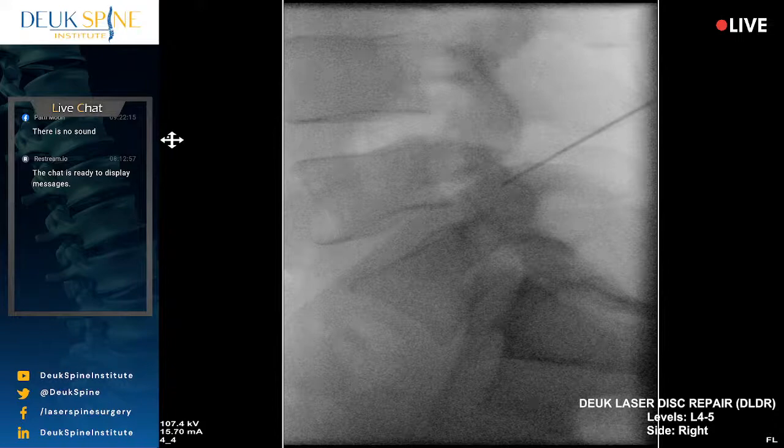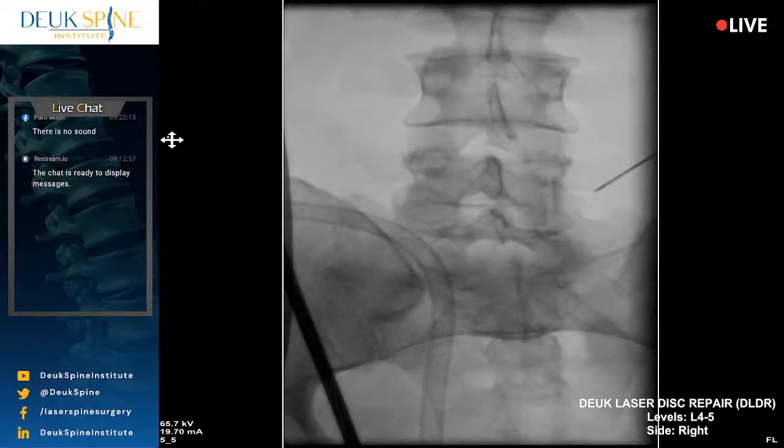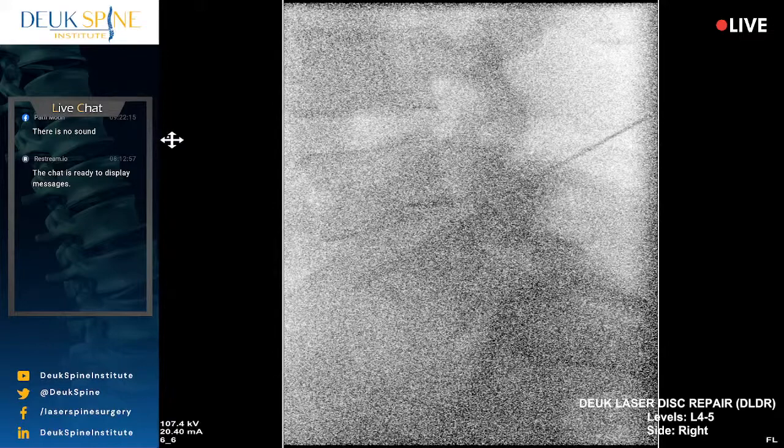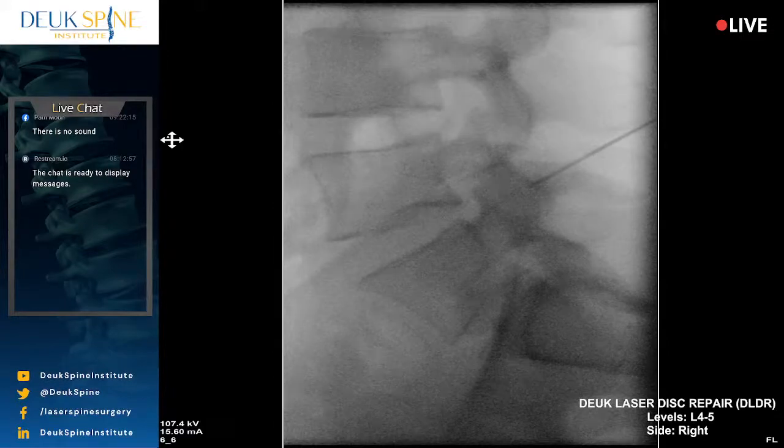I like to use two views, AP and lateral. All right, so we need to be a little bit more medial than we are now. Let's go back to a lateral view. That's why we check the AP view. I want to be right about now on the lateral view. I want to be right next to the facet joint. And we're not quite there.